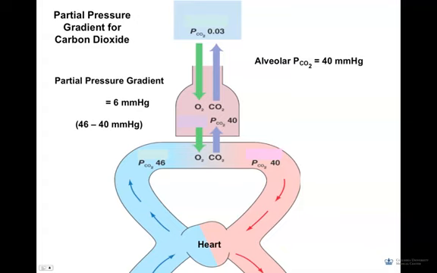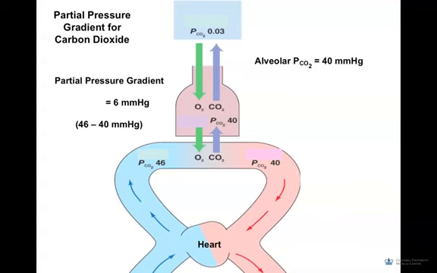So that PCO2 is actually quite high in the alveolar space, and that's because, again, only 15% of the air in that space is freshly inspired air, right? The rest of it, 85%, is previously inspired air, which has carbon dioxide that's been collecting.